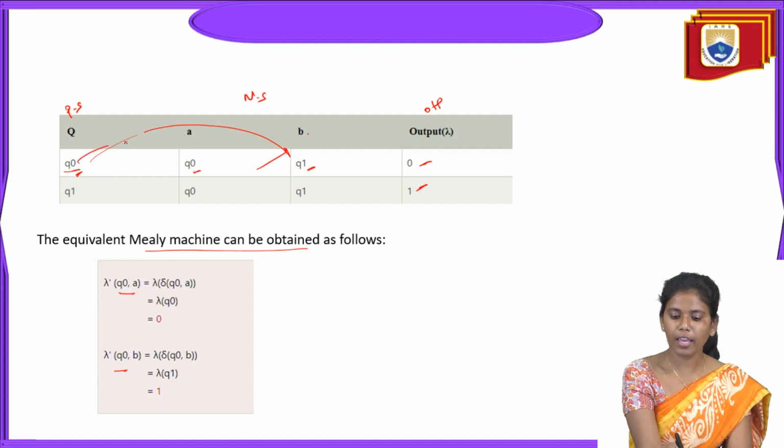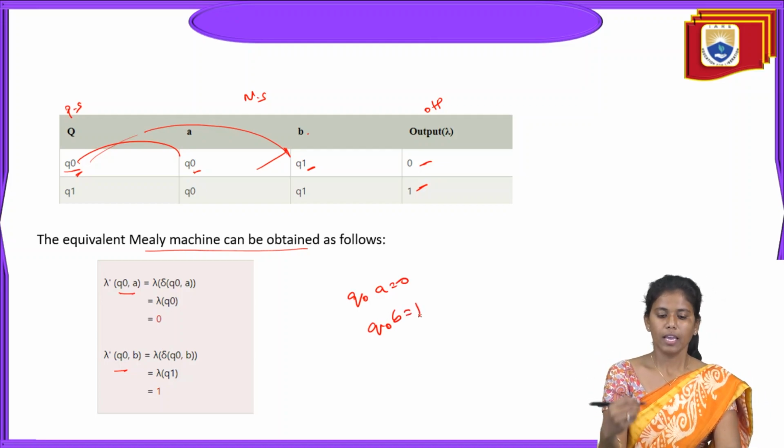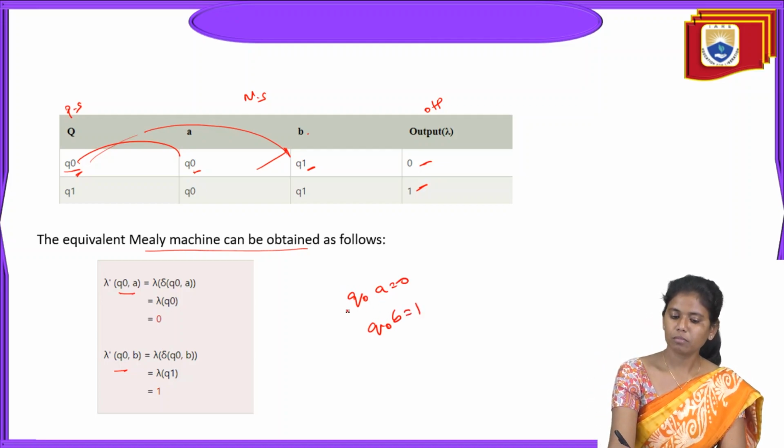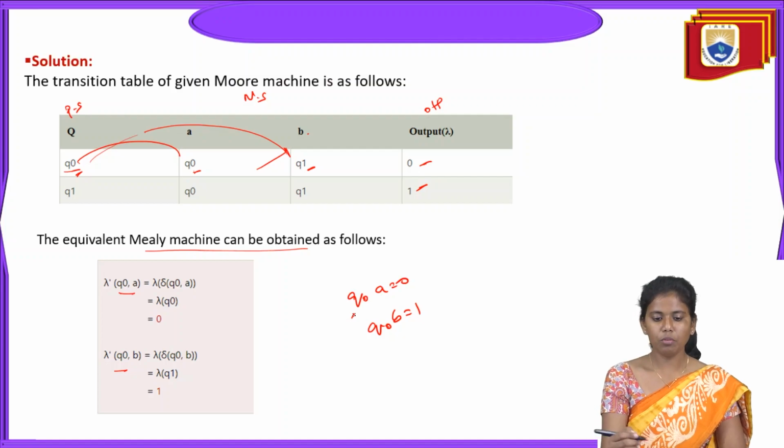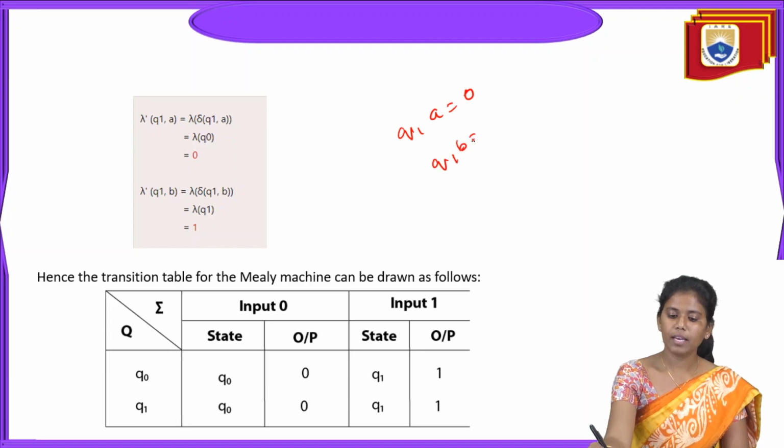This is with respect to the Mealy machine. Now with respect to Q1, Q1 A gives 0 and Q1 B gives 1.